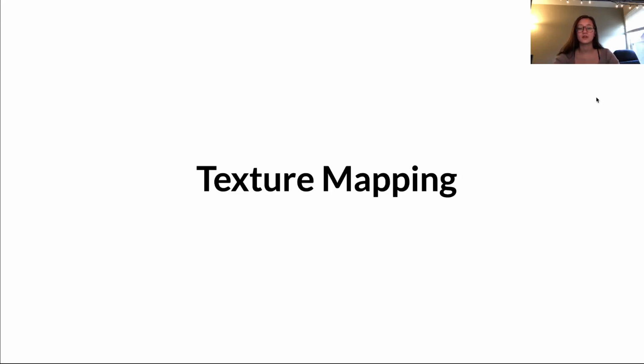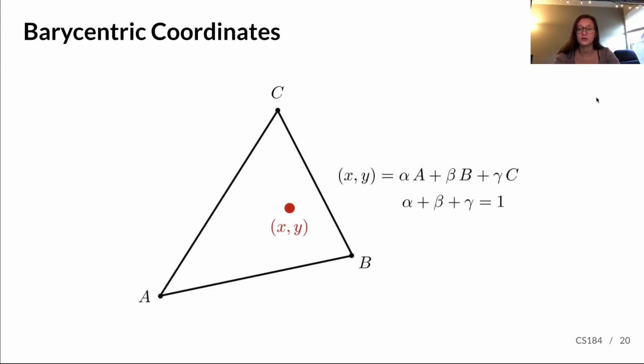Okay, so what are barycentric coordinates? These are coordinates that represent a point within a triangle, and it's supposed to mean the distance of that point within the triangle from each of the three vertices.